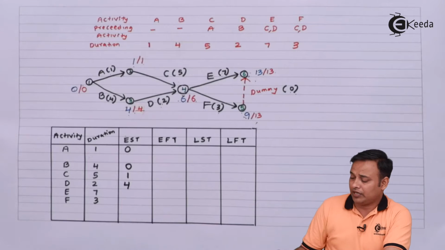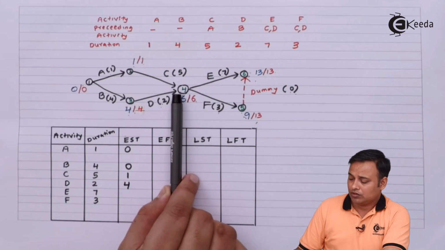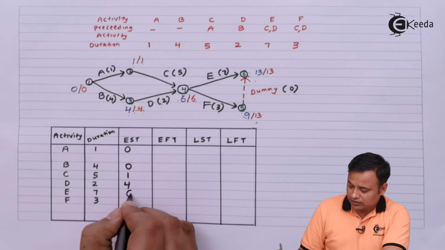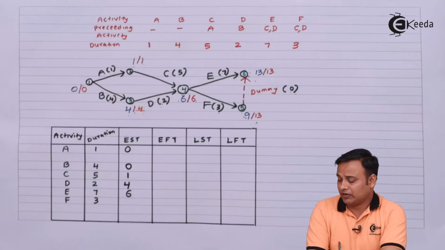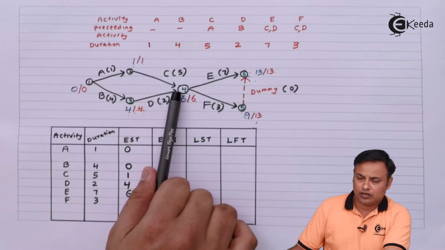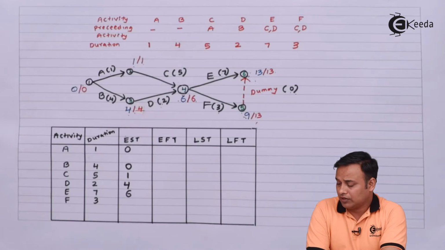For activity E, मेरा टेल है 4, जहाँ पे नंबर on the left is 6. And for activity F the tail is again 4 and the number on the left hand side, blue colored ink, is 6.